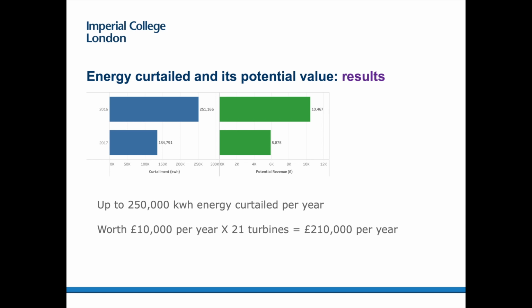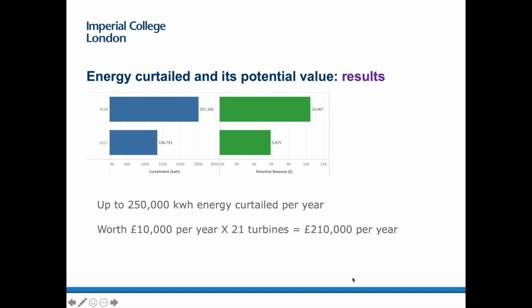If we assume 21 turbines in Orkney, an assumption based on looking at Google Maps, that leads to a potential revenue loss of £210,000 per year, which in our view is not hugely significant.